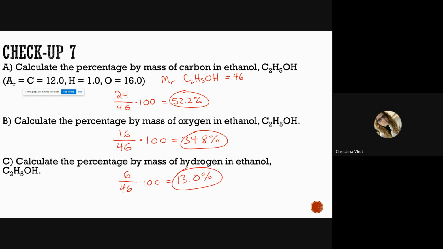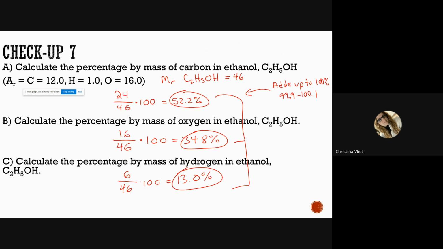Hydrogen. What should all these percentages add up to? 100. Do they? Yes. Where can it round to and still be okay? Do you remember? 99.9. Yes, that's right. So it should add up to 100%, and for sig figs, 99.9 to 100.1 is acceptable.